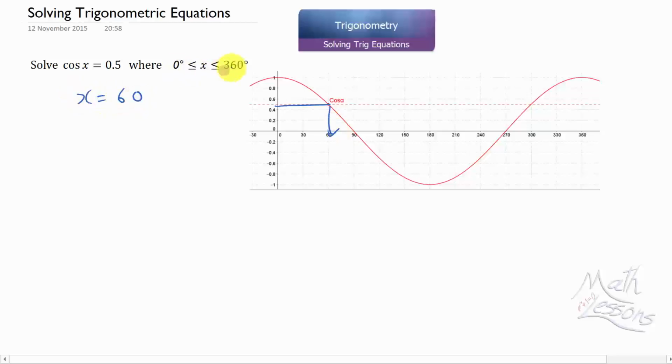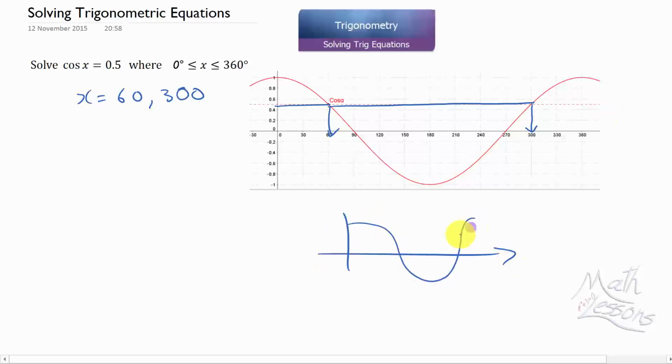Now we asked for all the values between 0 and 360. So let's keep going along and see what's the next value we get. Well, the next value you get is 300. Now, when you're doing this, you won't have a nice graph drawn like this. You'll probably just be drawing a little sketch in your head of cos.